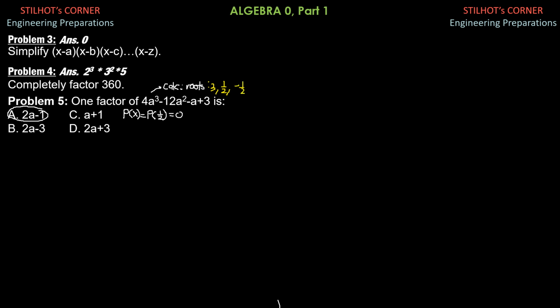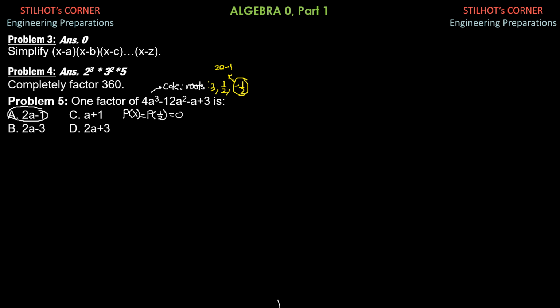The root 1/2 is represented by the factor 2a minus 1. So that's why 2a minus 1 is a factor.